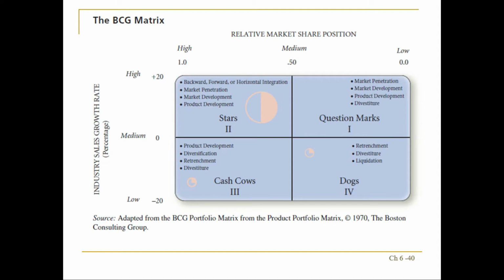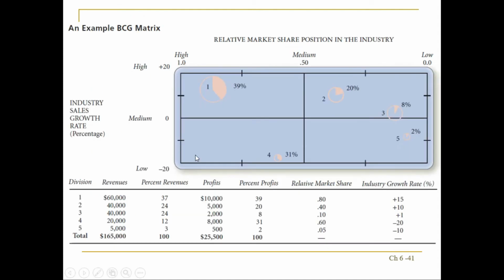To understand this, let's move further. Here is an example. In the lower part of the slide, you can see that 5 divisions are being evaluated. These 5 divisions would be divisions of one single firm, because you can evaluate one division against the other divisions of one organization.